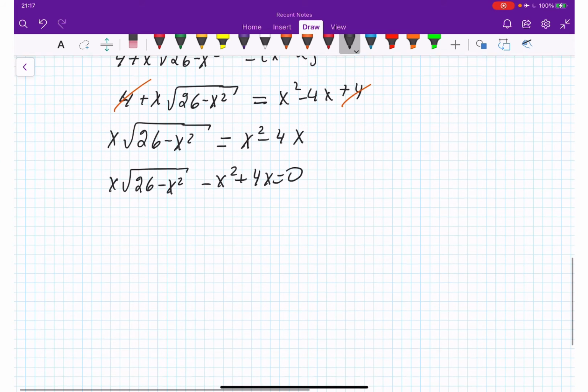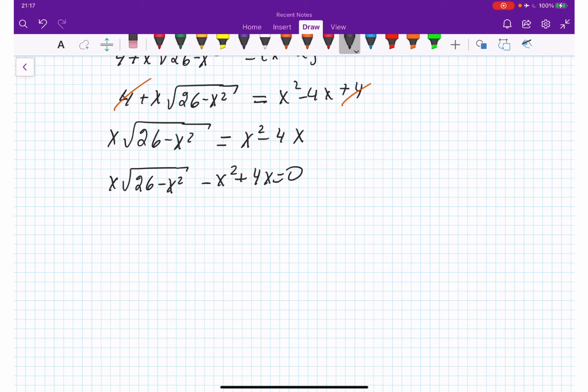And from here, since I have x in every single term, I'm taking x out, and I'm having x times square root 26 minus x squared minus x plus 4 equal 0.